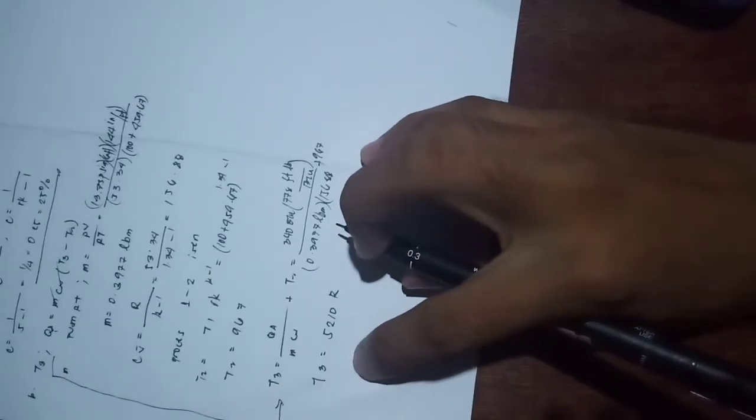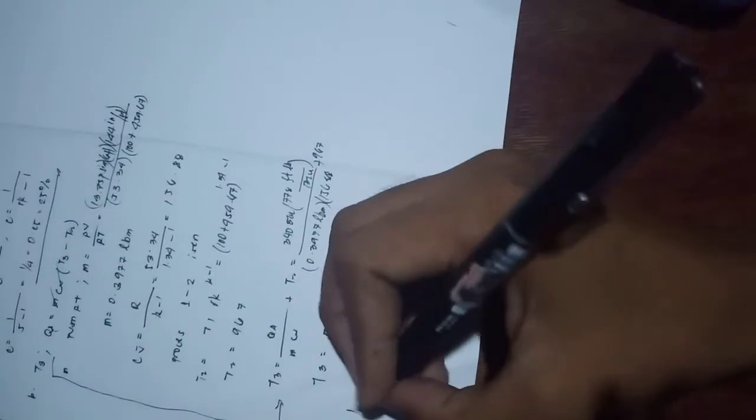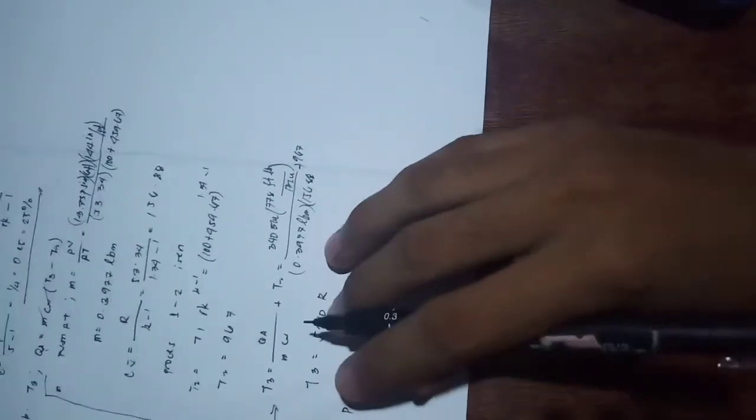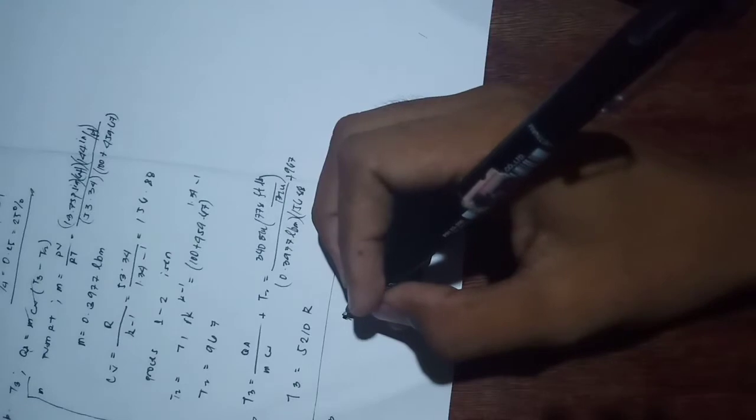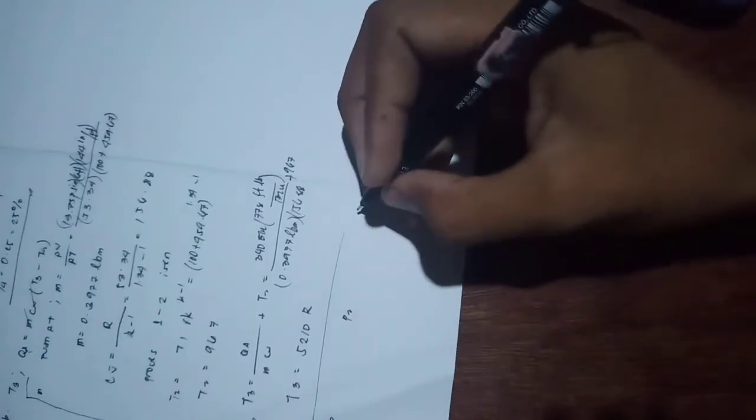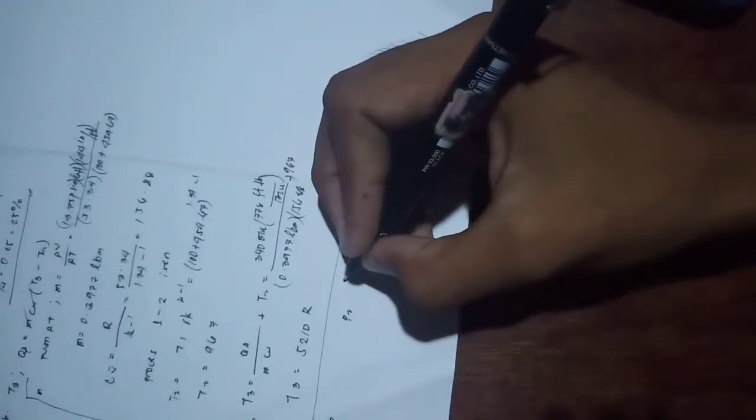So now let's go for the pressure, which is P3. Getting this P3, we need P2, and we can get P2 from the 1 to 2 process.